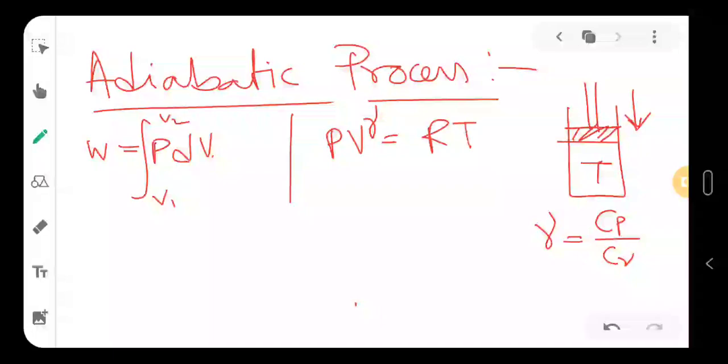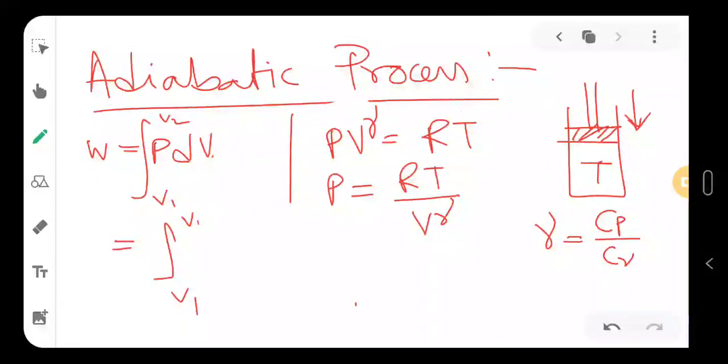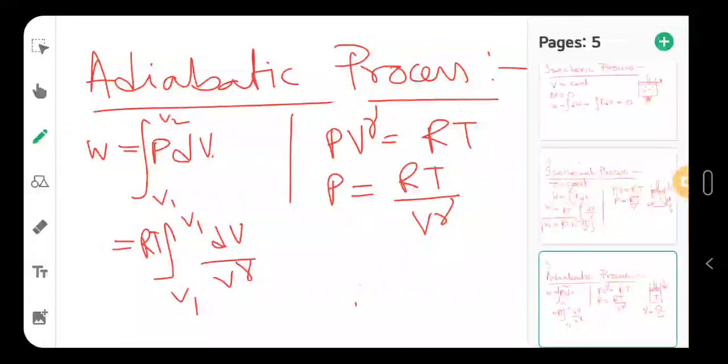So what we can do here, we can again write P is equal to RT by V to the power gamma, and we can put that here as well. So RT will come out. This will be dV by V to the power gamma. So if we just do the integration, what will we get?